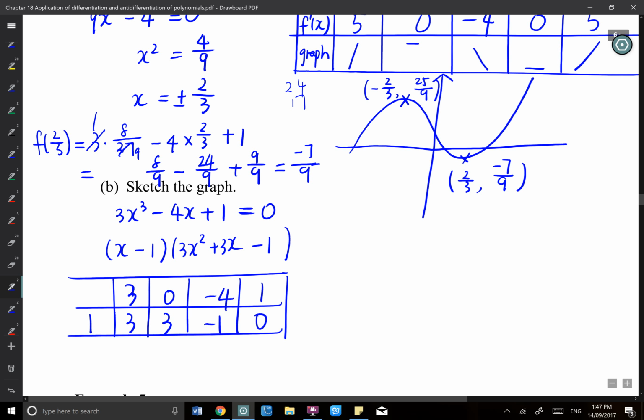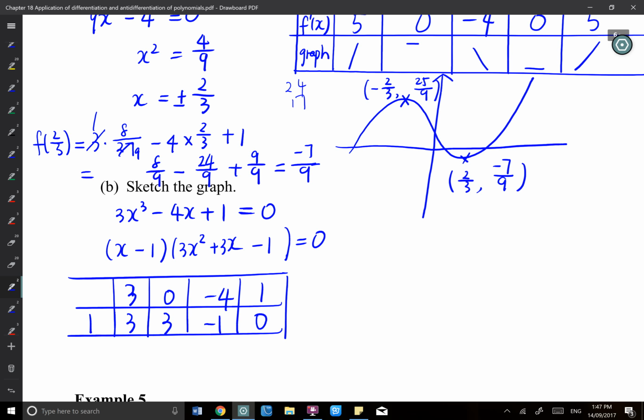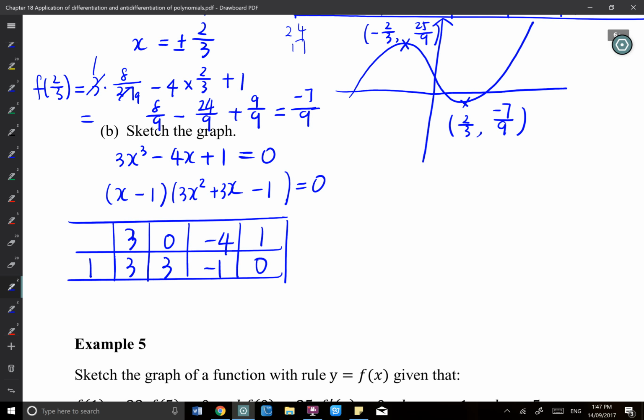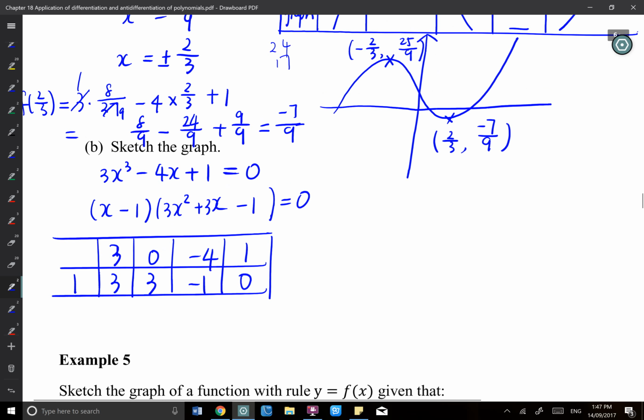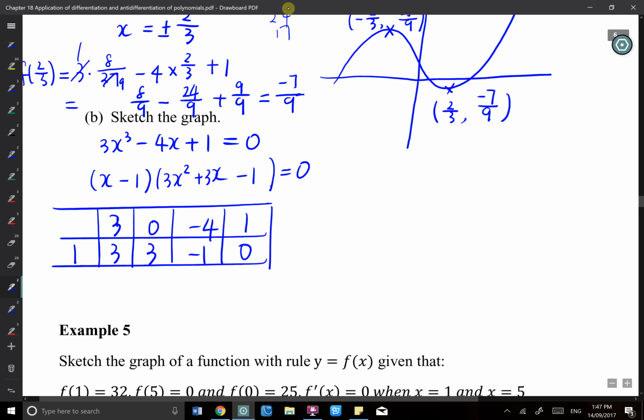So it is a factor, and 3, 3, negative 1 are the other coefficients. So 3x squared plus 3x minus 1. Can I keep factorizing that? Well, I don't need to really factorize it. What I can do is x equals 1, or 3x squared plus 3x minus 1 equals 0.